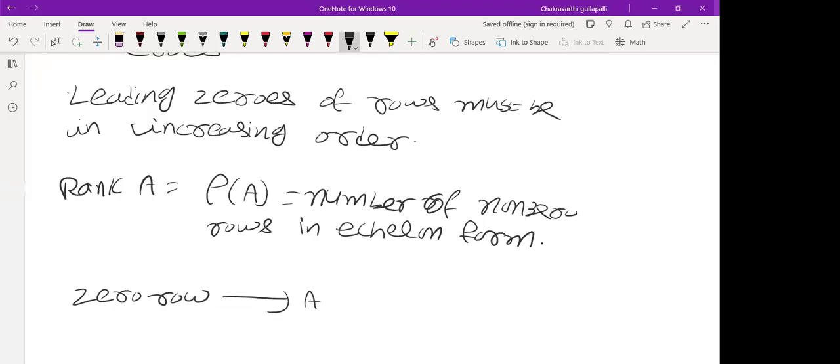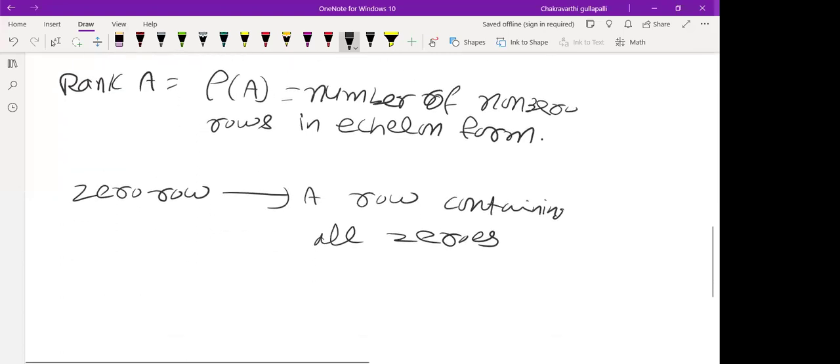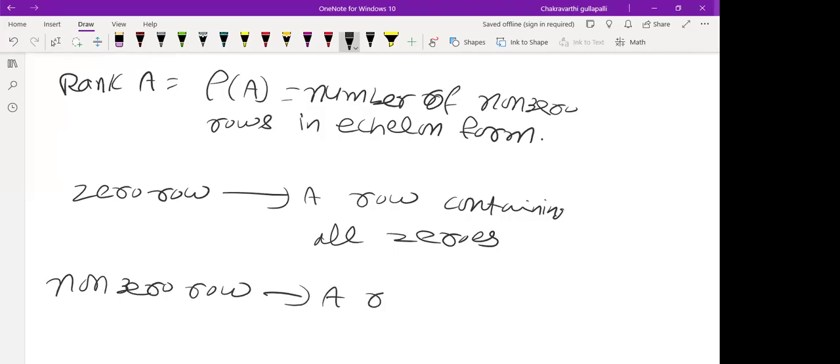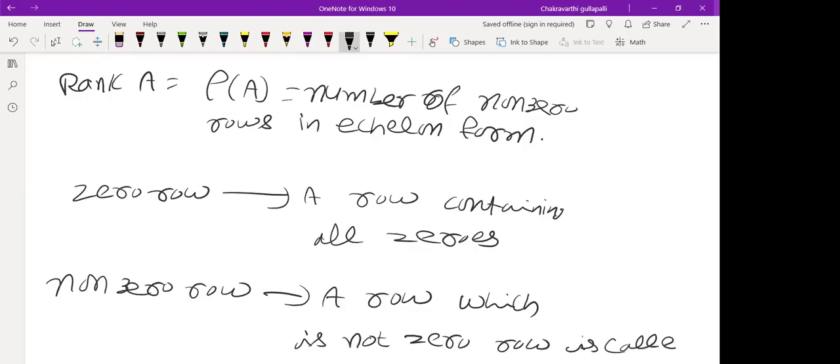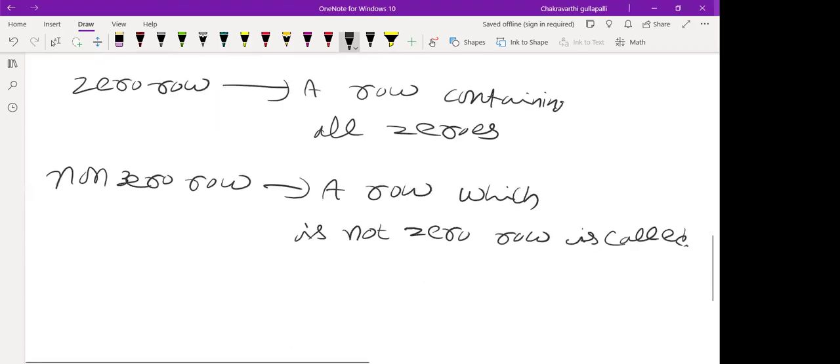A row containing all zeros is a zero row. A non-zero row means a row which is not a zero row is called a non-zero row.